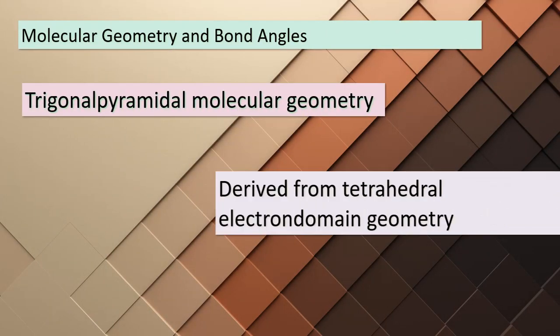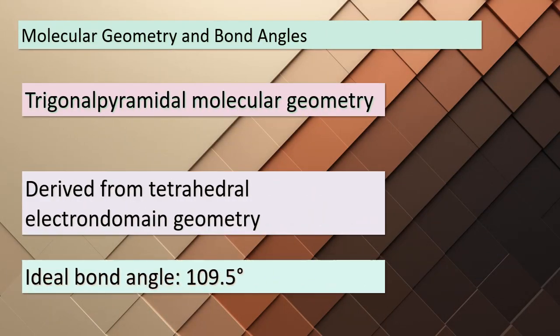Hello, dear students. Today, we're delving into the captivating realm of molecular geometry and bond angles. Our second topic introduces us to the intriguing trigonal pyramidal molecular geometry. This geometry is actually built upon the foundation of a tetrahedral electron domain geometry. Now, what's fascinating is that the ideal bond angle within this geometry is 109.5 degrees.